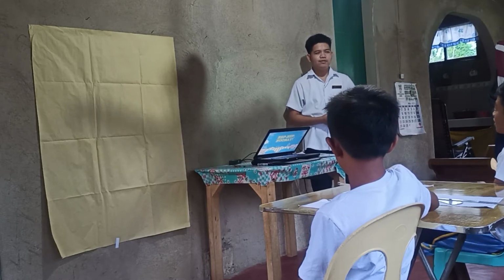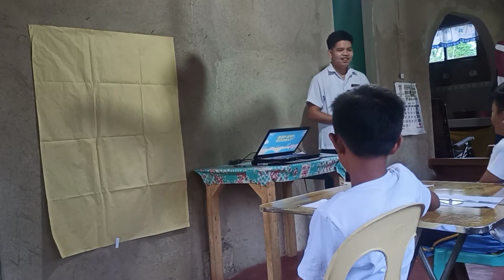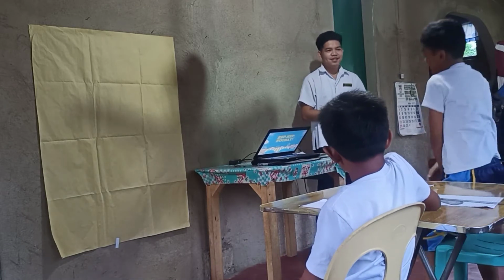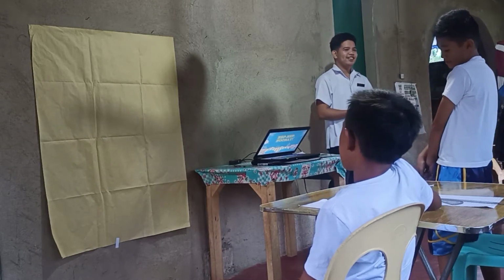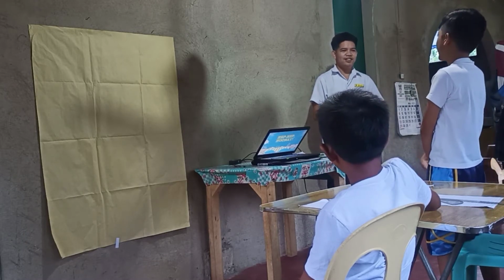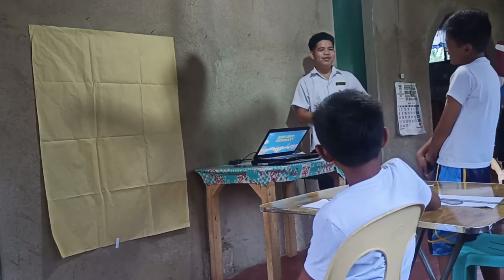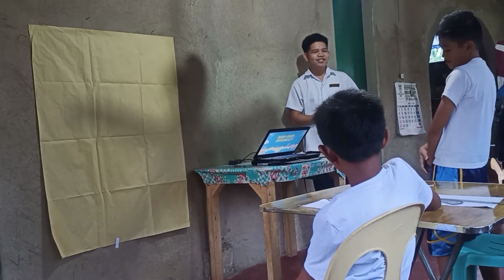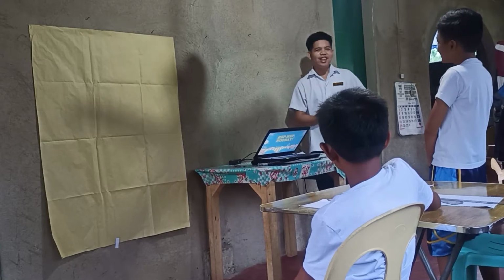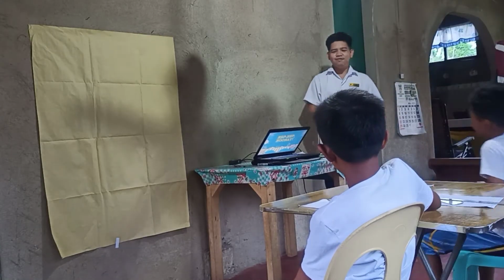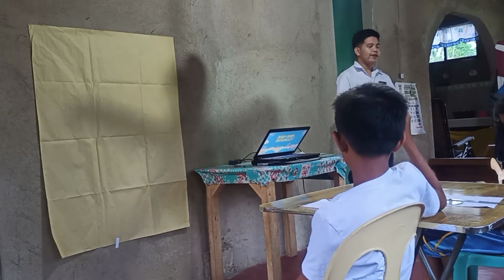Degrees equals frequency divided by total, times 360 degrees. Very good. That is for determining the degrees in each sector of the pie graph.